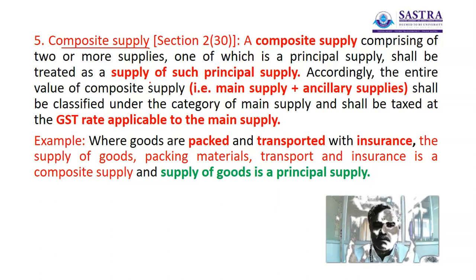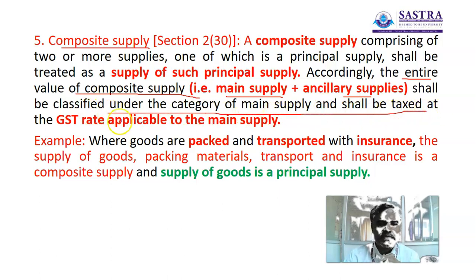This is called combined supply. This supply includes main and ancillary supply. Accordingly, the entire value of the composite supply, including main supply and ancillary supply, shall be classified under the category of main supply and shall be taxed at the GST rate applicable for the main supply.